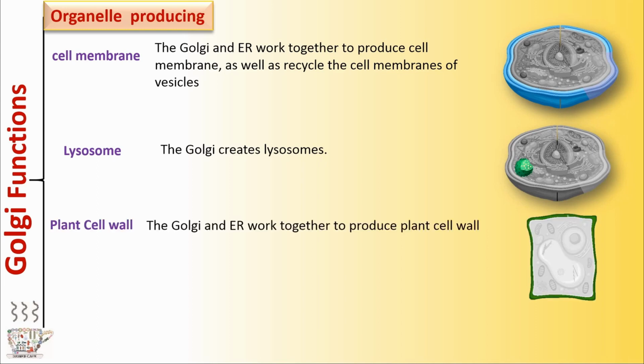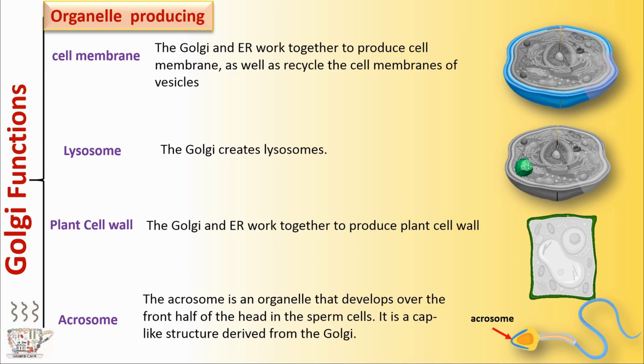Plant cell wall. The Golgi and ER work together to produce plant cell wall. And acrosome. The acrosome is an organelle that develops over the front half of the head in the sperm cells. It's a cap-like structure derived from the Golgi.